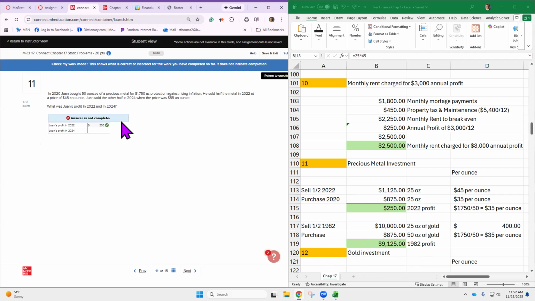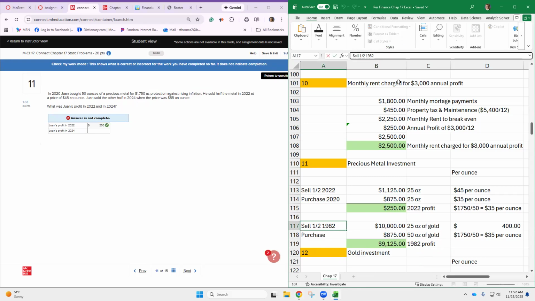Okay, the rest, it says, sold the other half in 2024 when the price was $55. Okay, so now we're going to sell the other half in 2024. And so, like I said, I'm taking out the word gold because they changed the problem, and that's okay.